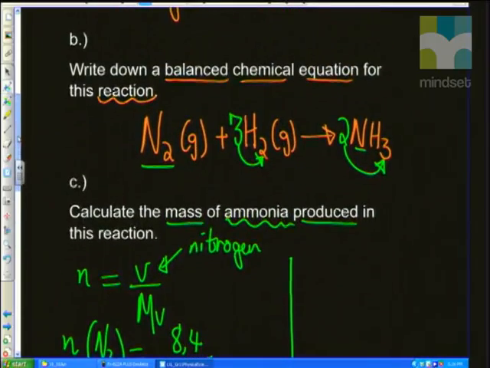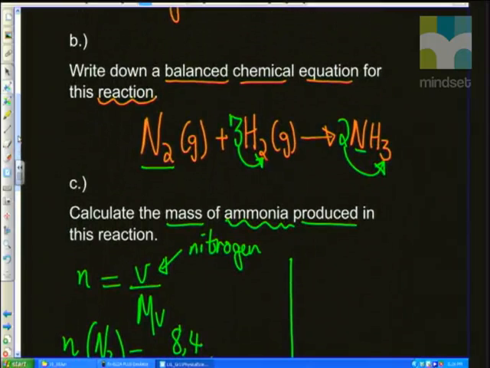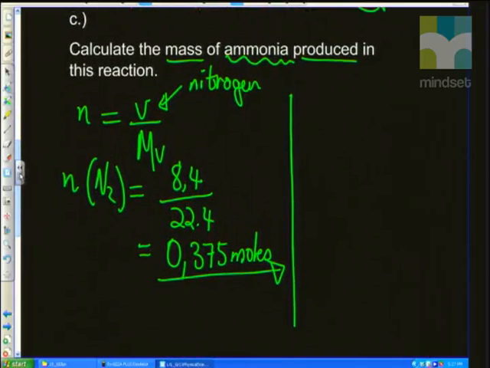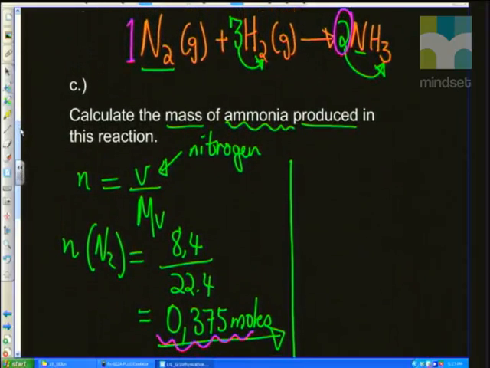Now, all these moles of nitrogen have been used up. According to our chemical equation here, for every 1 mole of nitrogen, 2 moles of ammonia will be formed. So if the number of moles of nitrogen used is 0.375, the number of moles of ammonia that will be produced will be twice the number of moles of nitrogen that has been used, because this tells us that for every 1 mole of nitrogen used, I'm going to have 2 moles of ammonia formed.